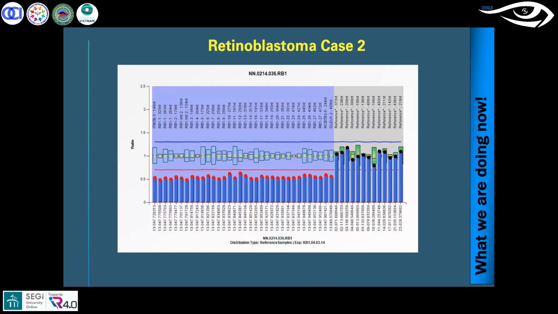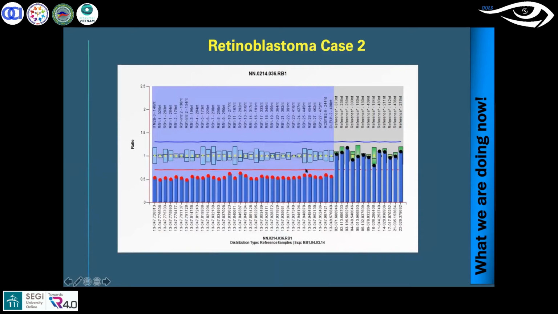What you see here is a genetic test called MLPA, and if somebody wants to know more about it, I'd be happy to tell you at the question session. What you have to observe here is the region where you have the RB1 gene in the genome, and we get two copies of this, one from father, one from mother, like most other genes.